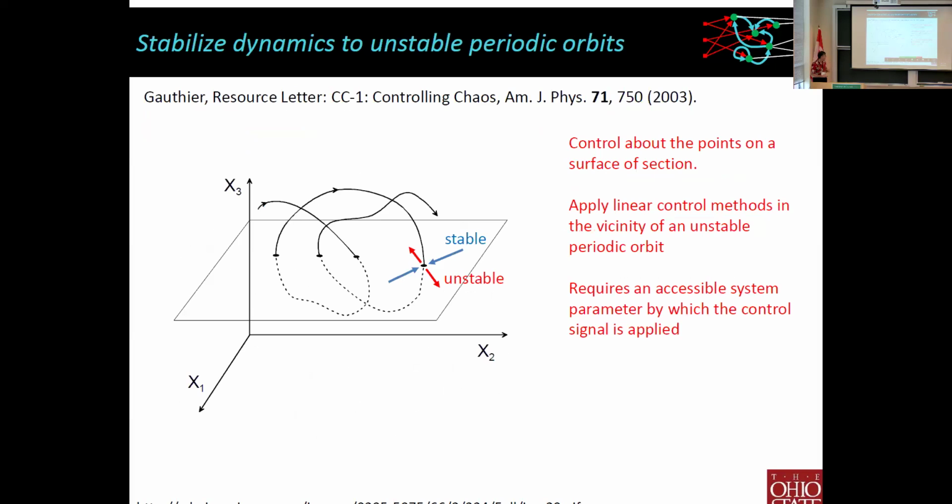And so the idea that they came up with was to take the space and, let's say, create a surface of section and look for when a trajectory pierces that surface of section.